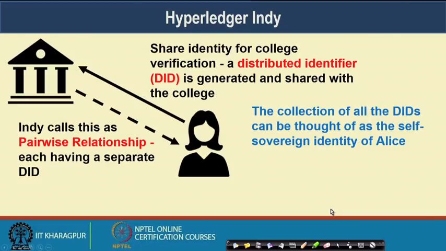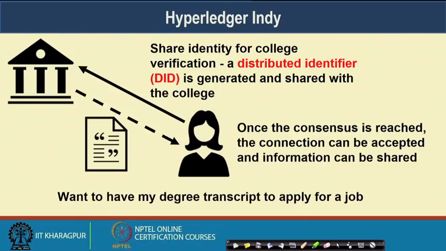Well, the point that I have mentioned is that the collection of all these deeds can be thought of as the self-sovereign identity of Alice. So, once this consensus is reached, the connection can be accepted by both parties, by Alice and the college, and the college can share the transcript with Alice.